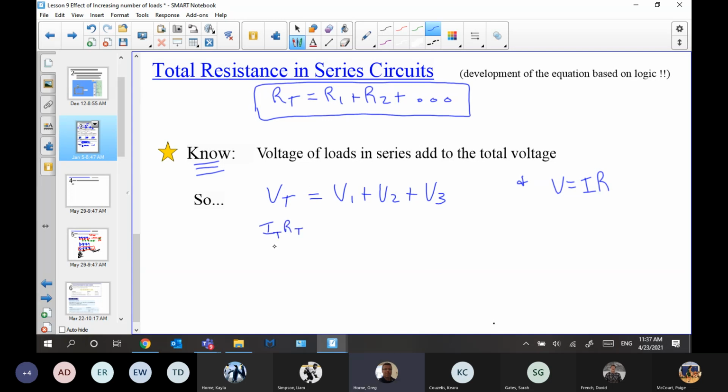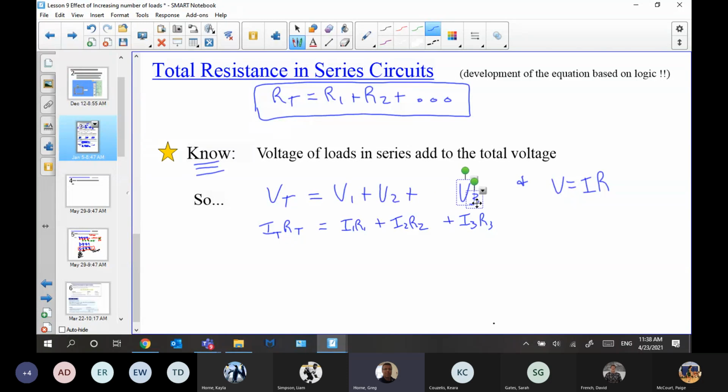That's a V, that's an Ohm's law for total stuff, as we talked about. This is an I1, R1, so that's an Ohm's law for the first resistor, first light bulb. An I2, R2 for the second bulb, and an I3, R3. The little numbers are just obviously labels for which one we're talking about, right?